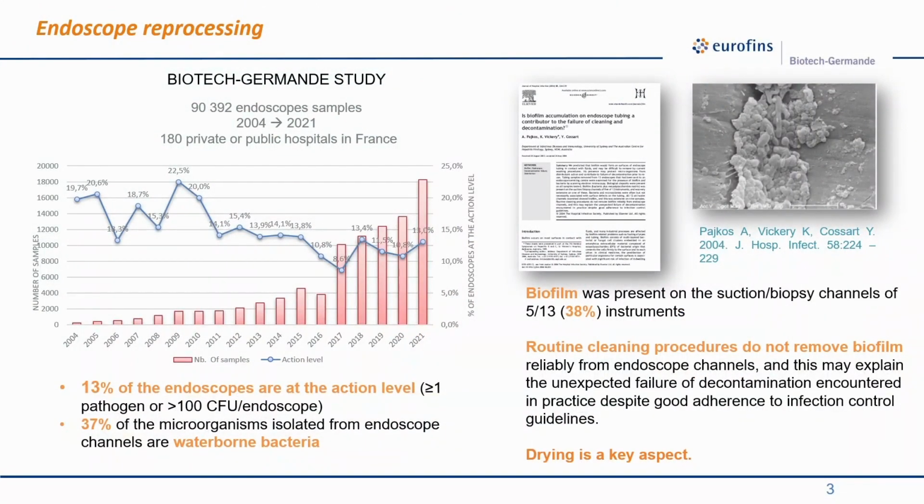And Pineau in this paper clearly demonstrated that about 38% of the endoscope were contaminated by the biofilm. And Pineau concluded that routine cleaning procedure does not remove biofilm, and that we still have to work to improve this reprocessing procedure and avoid bacterial proliferation inside endoscope channel. And in the last part of this paper, Pineau mentioned that drying is probably one of the key aspects of the reprocessing procedure.